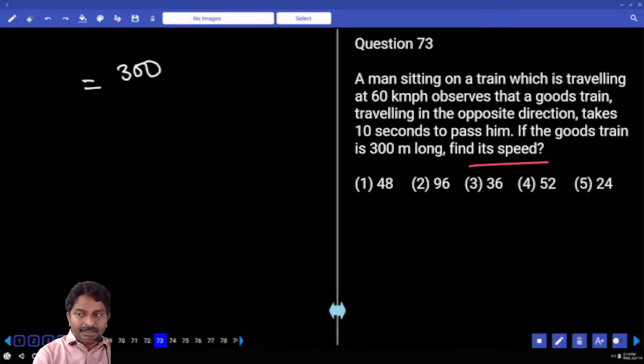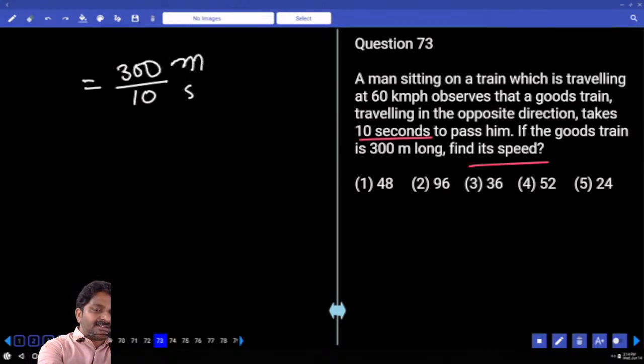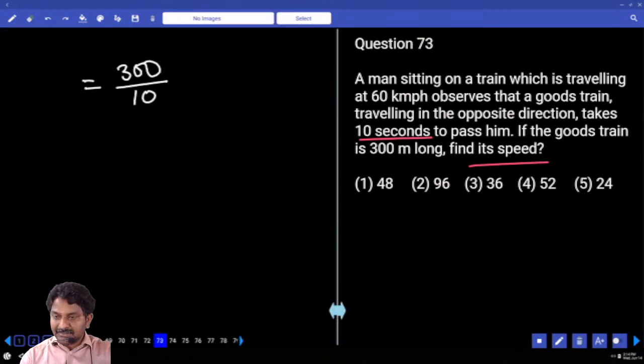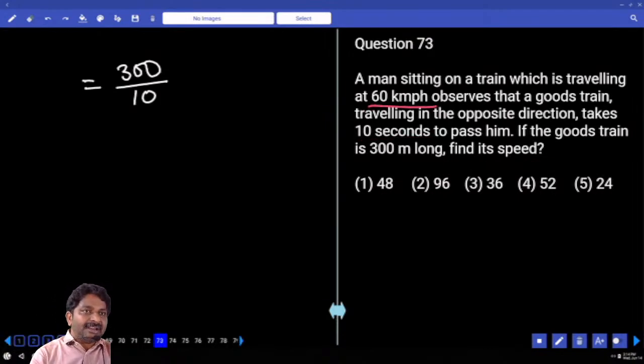And in how much time did it get crossed? Distance by time is equal to speed only. But 300 is in meters and 10 is in seconds. So you'll get speed in meter per second. But when you see this, it is in kilometer per hour. So let us convert into kilometer per hour, which is multiplied by 18 by 5.